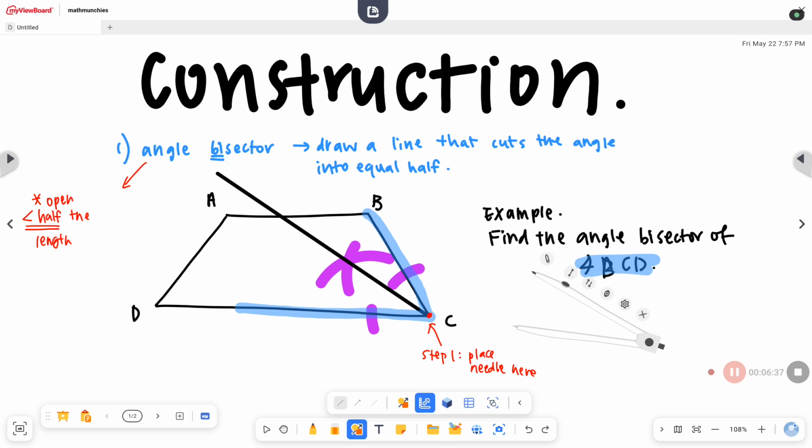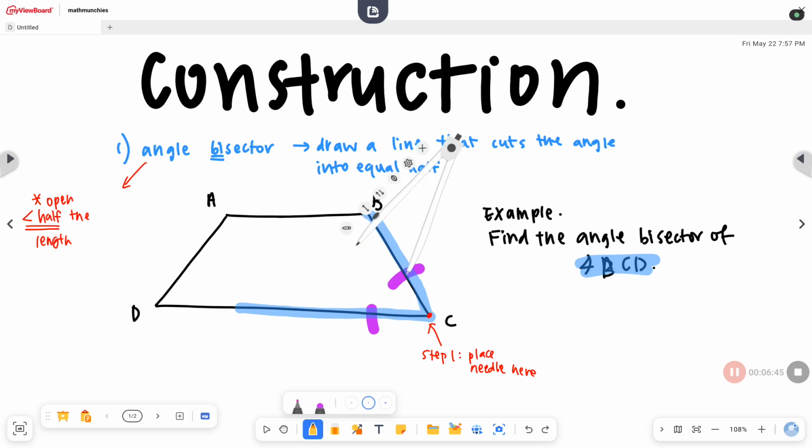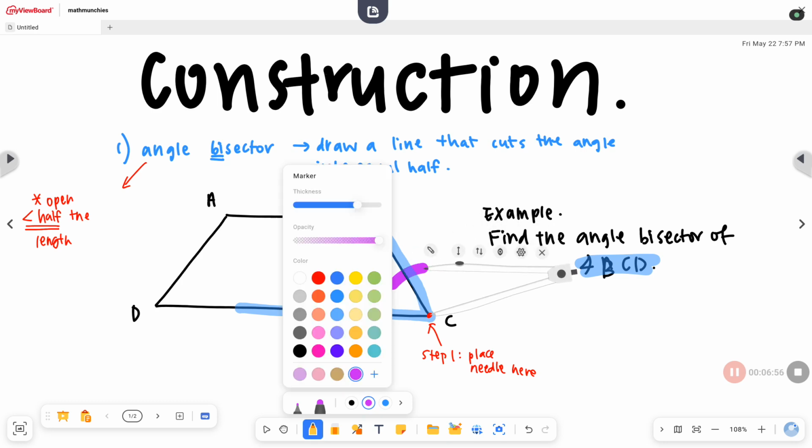But I think mine is not accurate because my line is too thick. Let me change. Maybe I'll put this one instead. Okay, let me redo everything. Then I will mark here. Oh, this is too thick. Maybe I must use this, I guess.